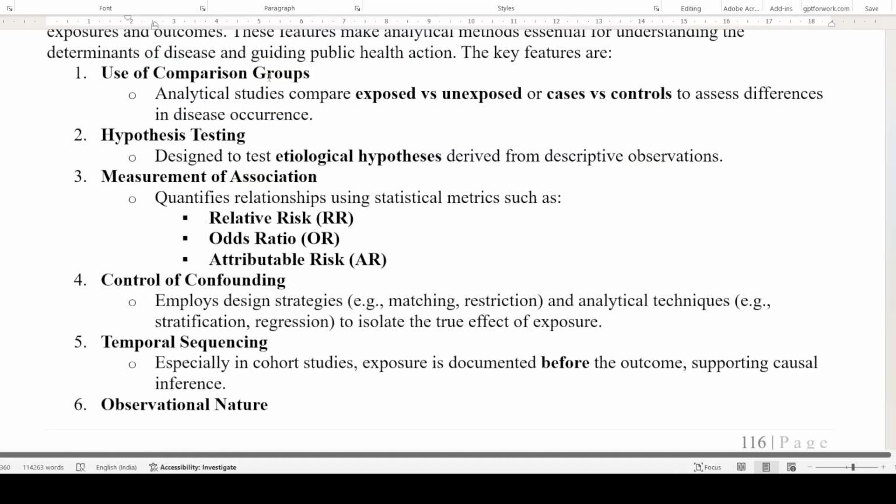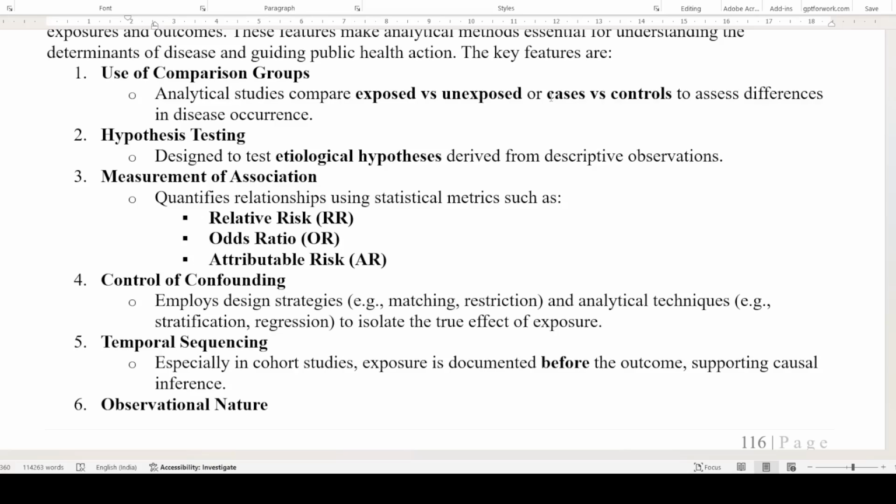Features are like use of a comparison group, meaning we are comparing the exposed group to the unexposed group, or we are using the cases and comparing them with the control group. Then hypothesis testing is done. Measurement of association by relative risk, odds ratio, attributable risk. These are all statistical measures used to measure the association.